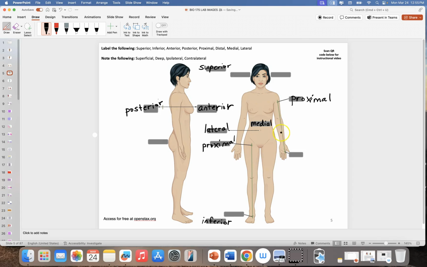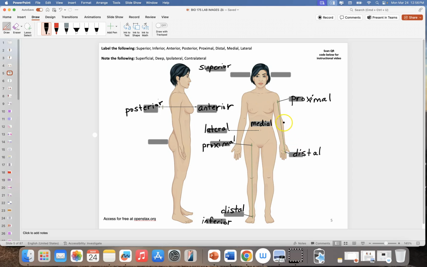The farther away you get from the attached base, that is going to be distal. Again, we can compare two different structures using this terminology. Let's see, we want to compare the elbow to the wrist.